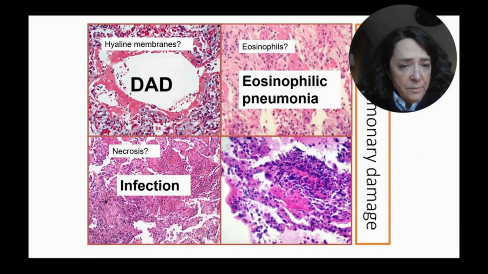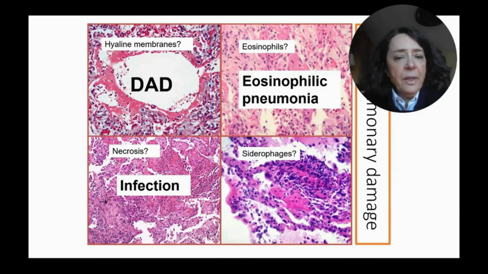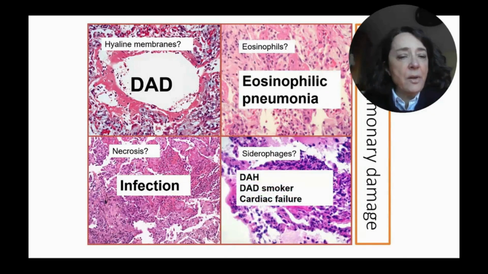And in the last one, where you have hemosiderophages, you have to start thinking of three main differential diagnoses: a diffuse acute hemorrhage, DAD, or a smoker, where you have these macrophages with this kind of golden pigment.